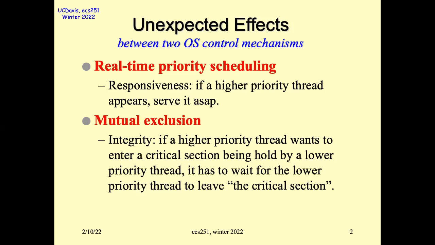You can think of it as: I lock when I get into that critical section, then I unlock. When I lock, nobody else can go in. That's the concept of mutual exclusion. The idea is to protect the integrity of what we would like to do.